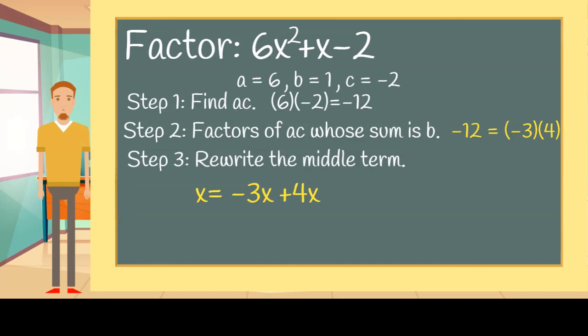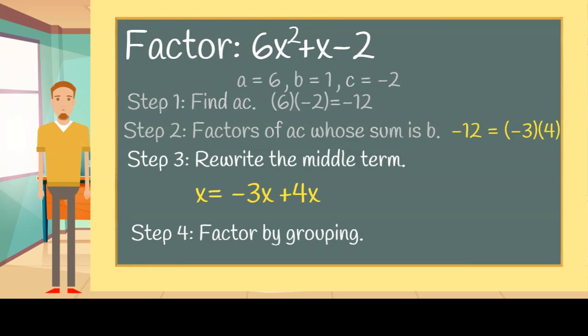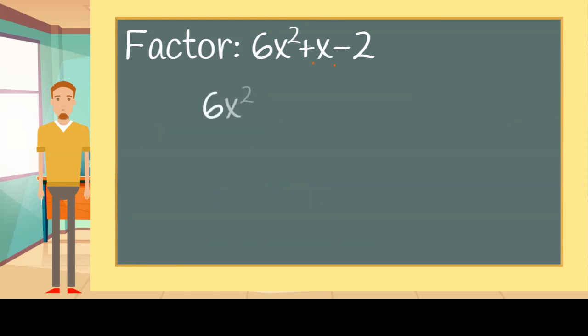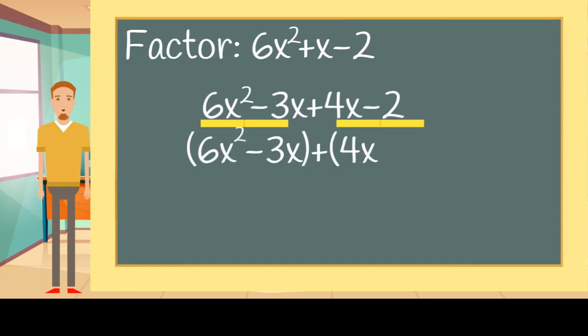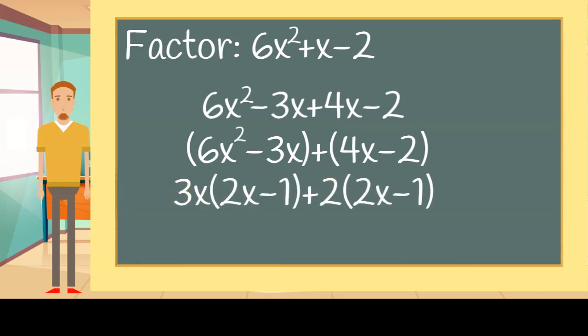After that, we apply the steps in factoring by grouping. You can group 6x squared minus 3x, and 4x minus 2. The GCF of the first group is 3x, while for the second group is 2. Factoring it out, will result to 3x times 2x minus 1, plus 2 times 2x minus 1.